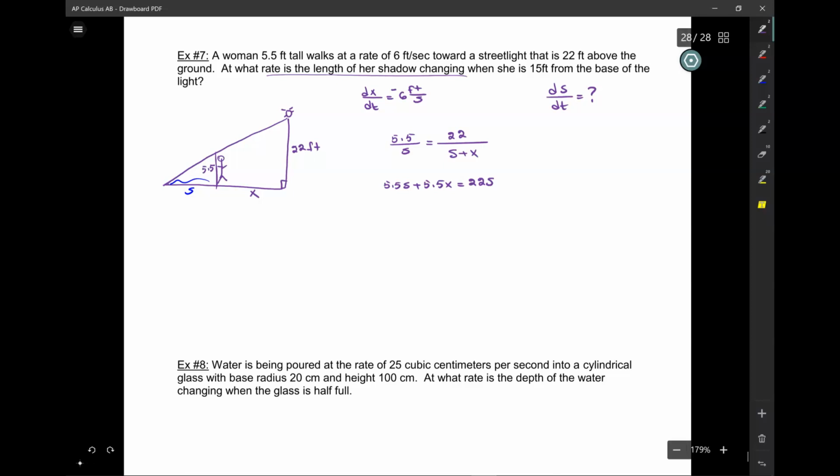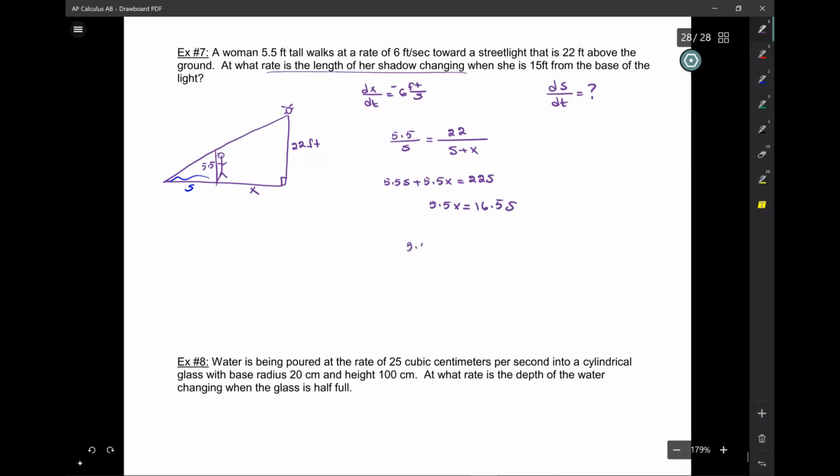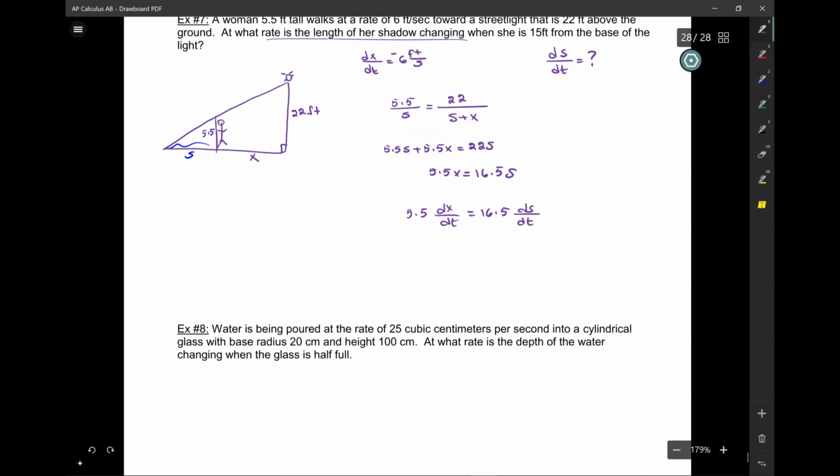Yeah, minus 5.5s, right? So 5.5x is equal to 16.5s before I even take a derivative, because I could combine like terms here. So now 5.5 dx/dt is 16.5 ds/dt.